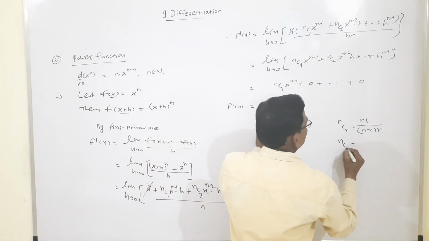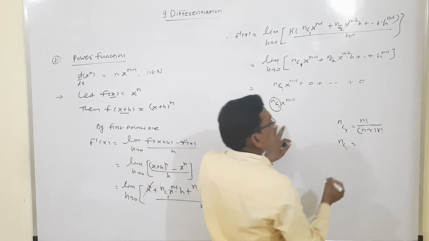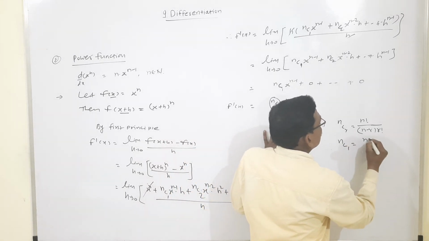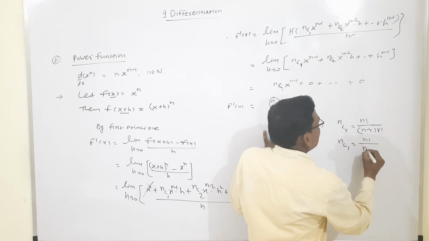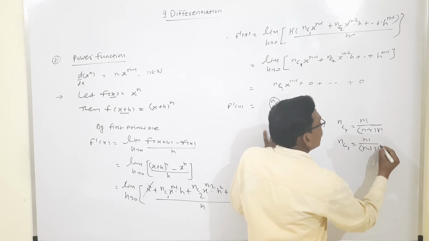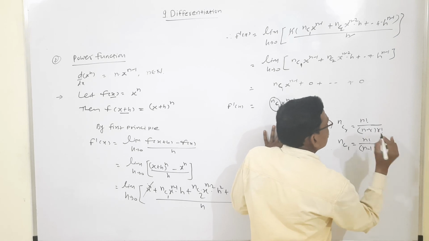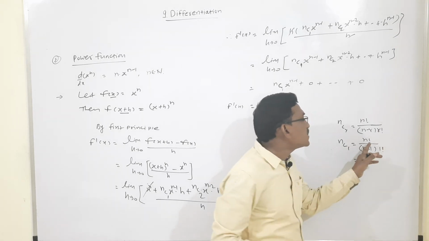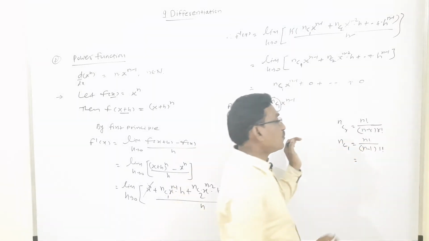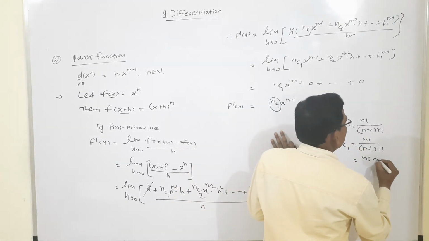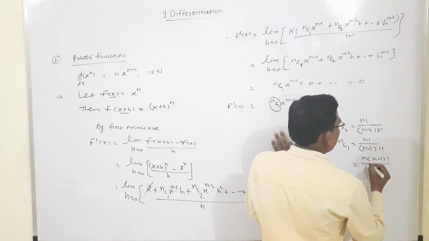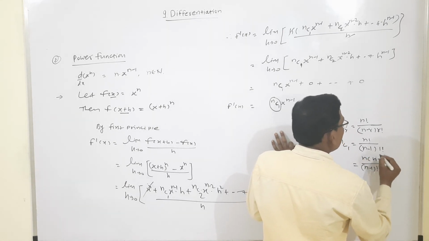Our term is nC1, so instead of r we write 1: n factorial divided by n minus 1 factorial into 1 factorial. We expand this n factorial as n into n minus 1 factorial, divided by n minus 1 factorial into 1 factorial.